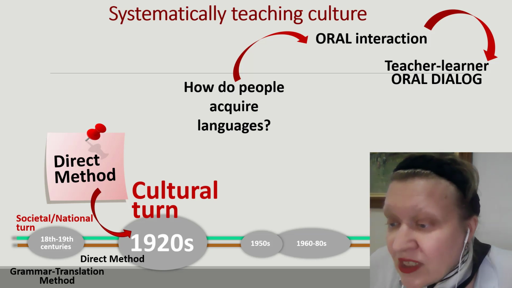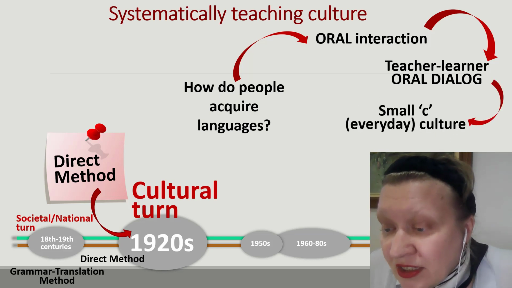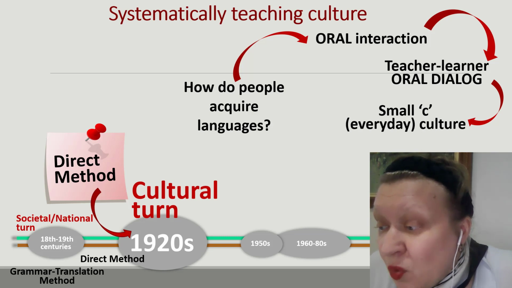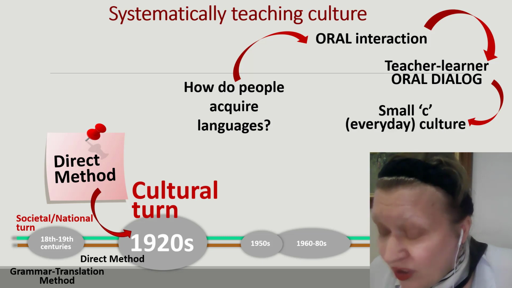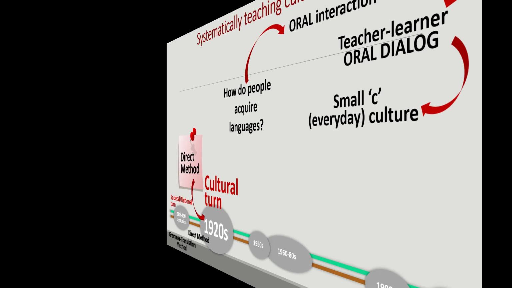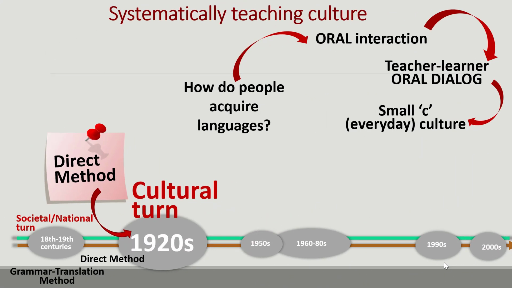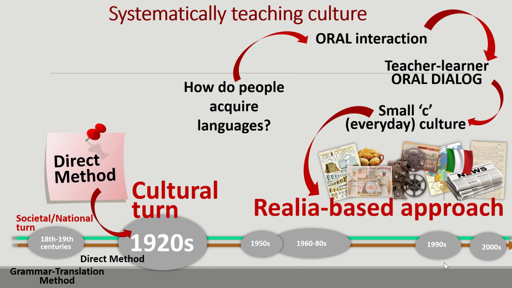In contrast, second language educators realized the importance of the small c culture surrounding us in everyday life and accompanying real-life conversations. Therefore, culture was introduced in the second language classroom and textbooks as realia, that is, different culture-related information and objects helping the teacher present and explain the target culture and teach everyday communication.